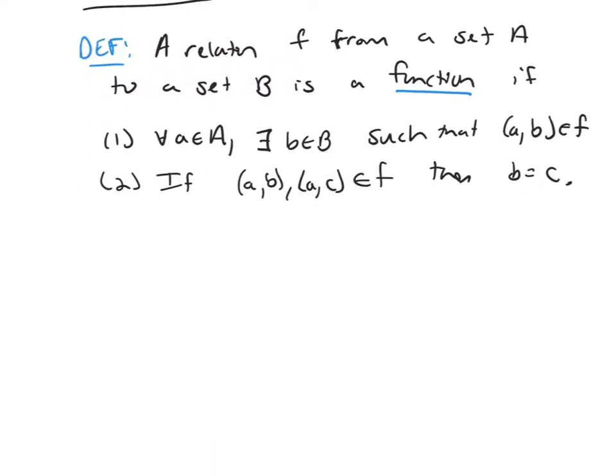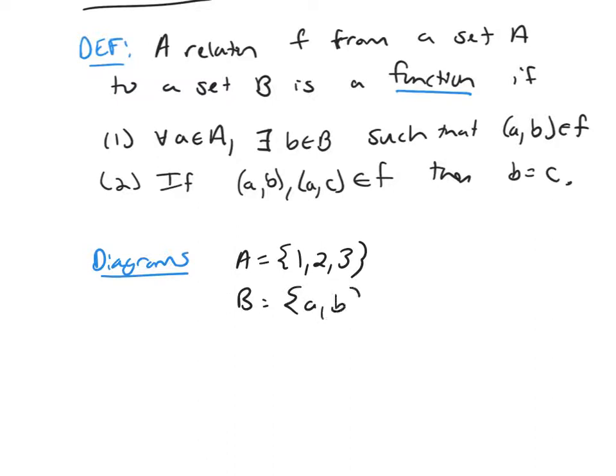So then, remember we used diagrams to represent functions. So let's say A is the set {1, 2, 3}, B is the set {a, b}, and let's say our function is going to be (1,a), (2,a), and (3,b).